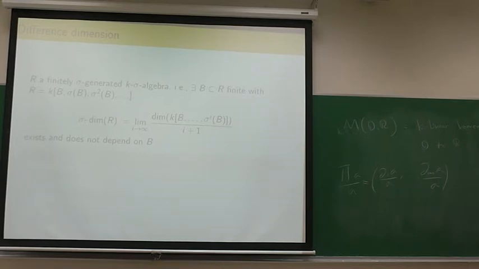One thing which is quite funny about this definition is that it's not always an integer. It's quite easy to compute the difference dimension of this example. It's 1/2, which is maybe a bit strange, but also kind of reasonable.